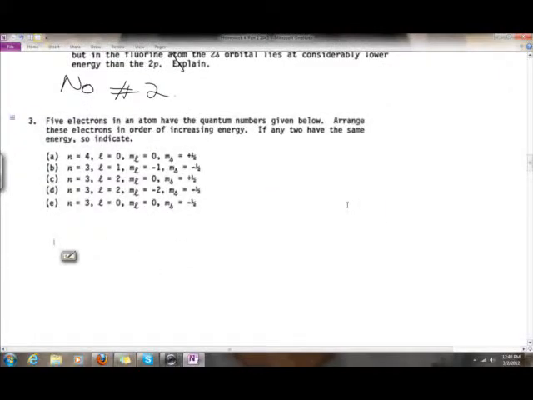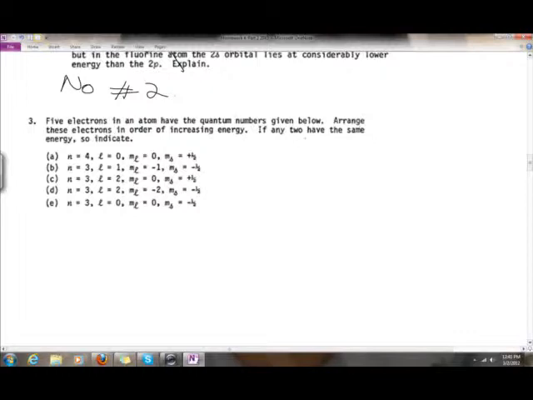For 3, we have 5 electrons. The question: number 3. With the 5 electrons in an atom having the quantum numbers given below, arrange these electrons in order of increasing energy.